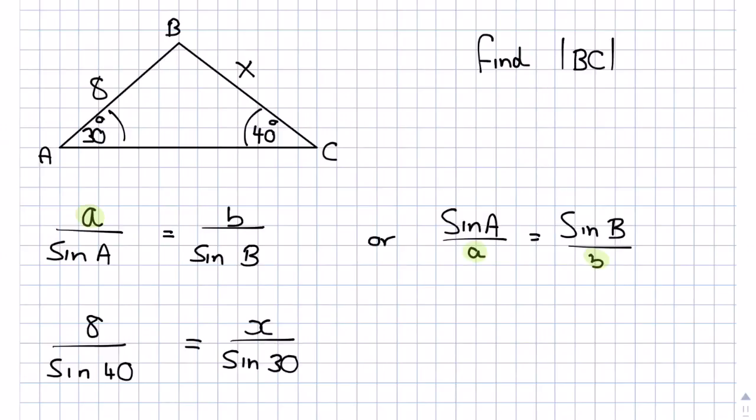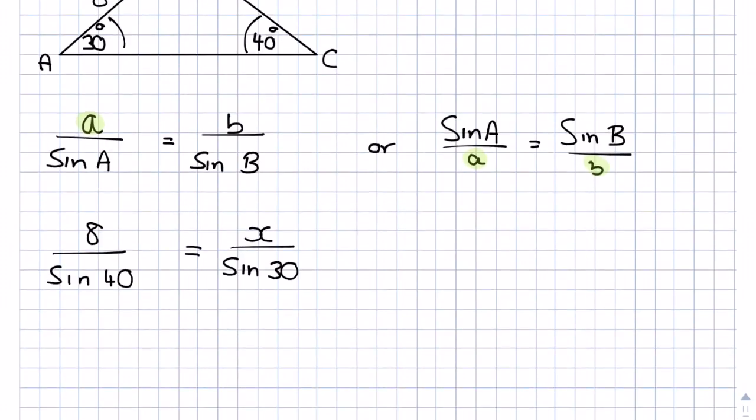So to isolate x and to get x on its own, I'm going to multiply both sides by the sine of 30, and I'm going to have 8 sine 30 over sine 40 is equal to x. Okay, so x is equal to 8 sine 30 over sine 40.